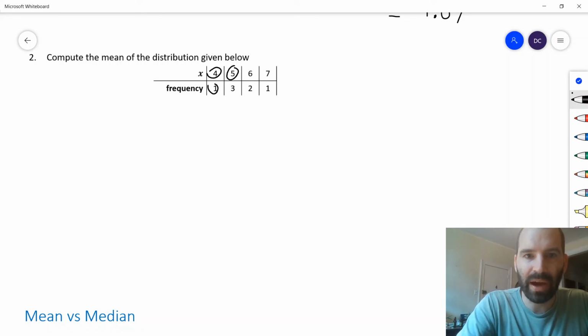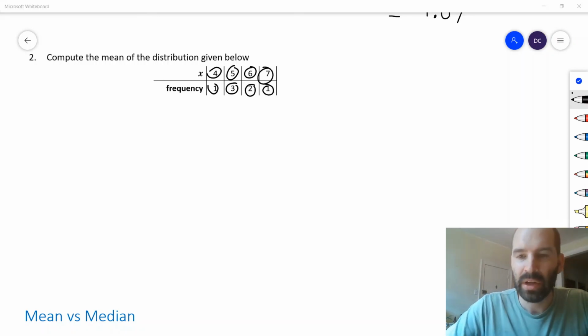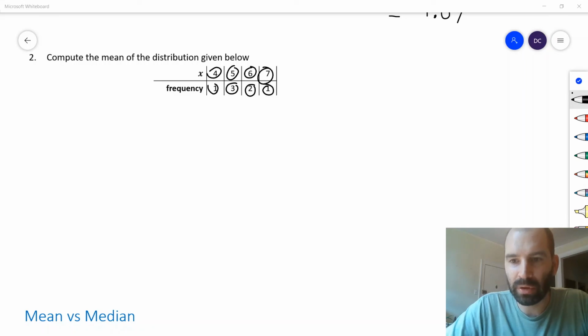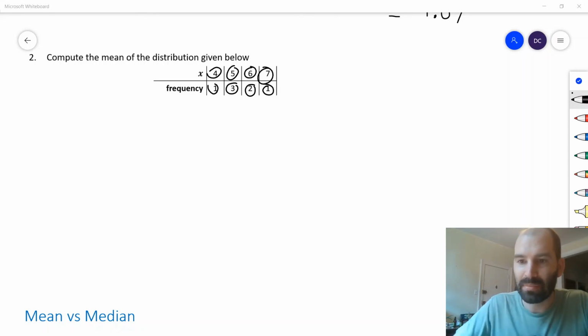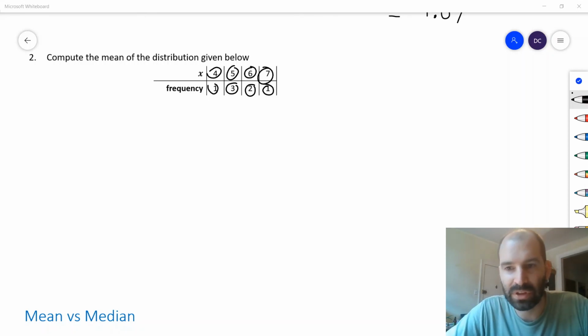Data value 5 has weight 3. 6 has weight 2. And 7 has weight 1. So if we do a weighted average with those weights, we will get the mean of the distribution. So that's another way to think about the mean, is that it's the weighted average of the frequency distribution, where the weights are the frequencies.